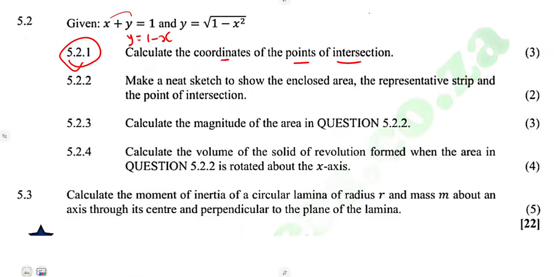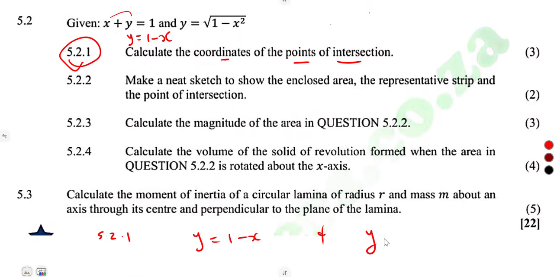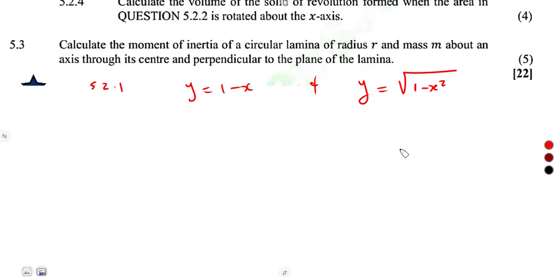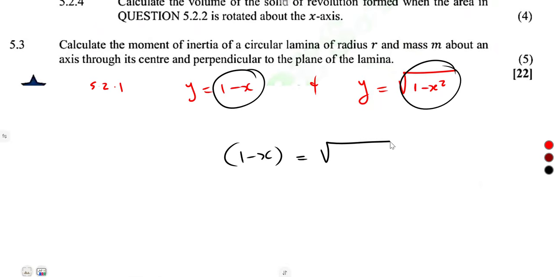All right, remember, for the points of intersection, the two graphs have to be what? Equal. The graph of y is equal to 1 minus x, and of y is equal to the square root of 1 minus x squared must be equal at the point of intersection. So that's simply equate these two. 1 minus x is supposed to be equal to the square root of 1 minus x squared.